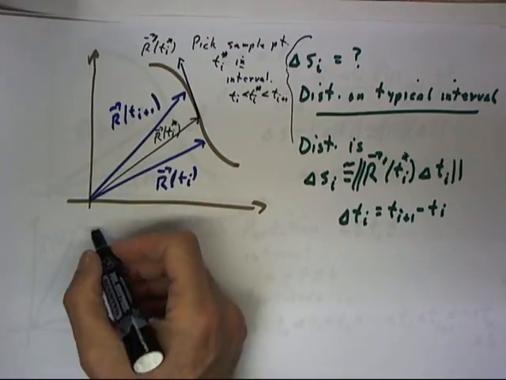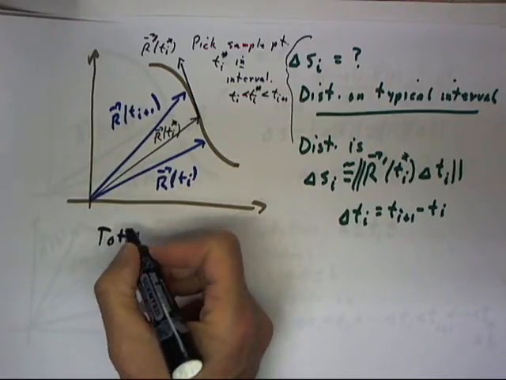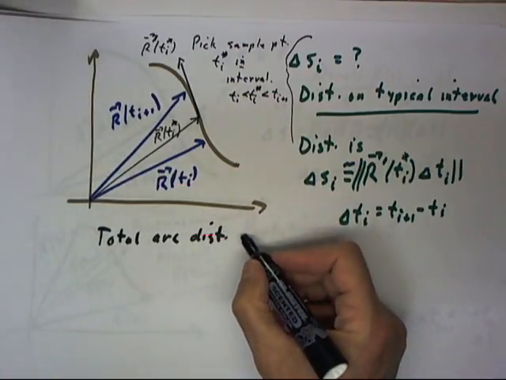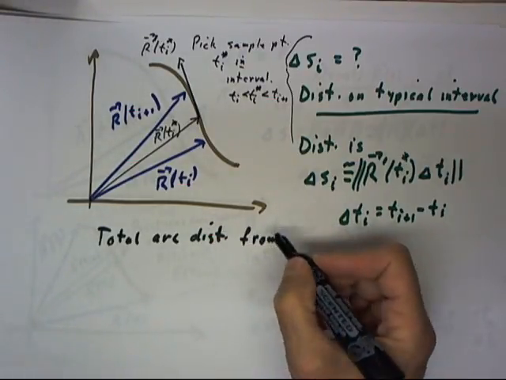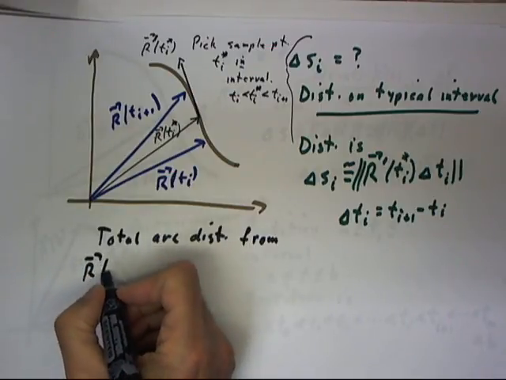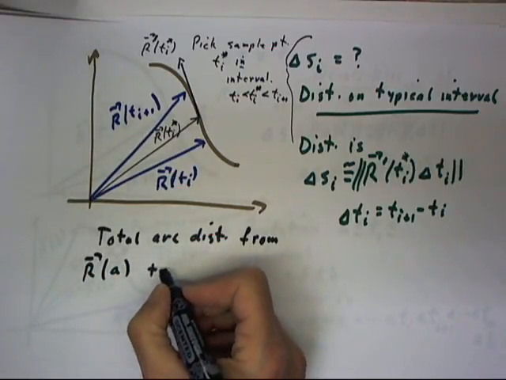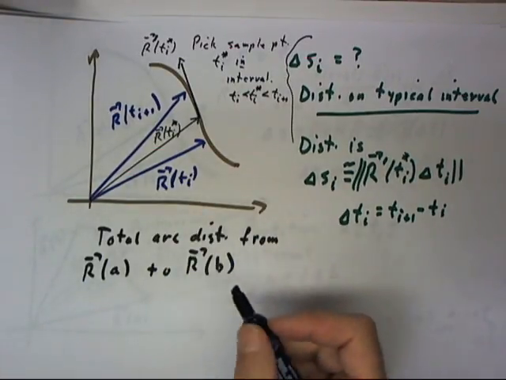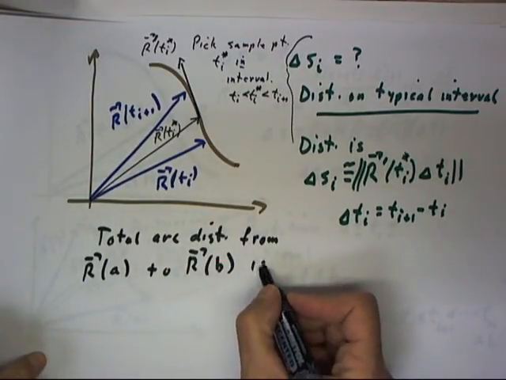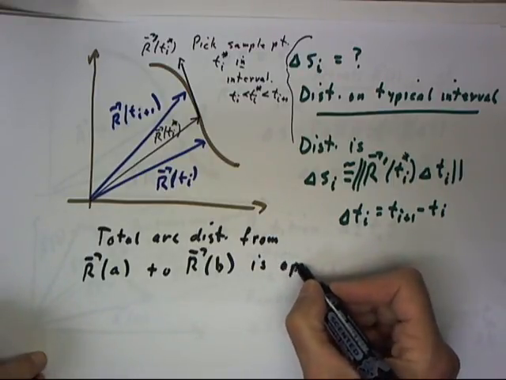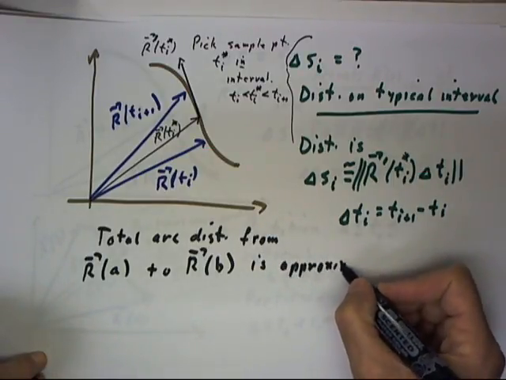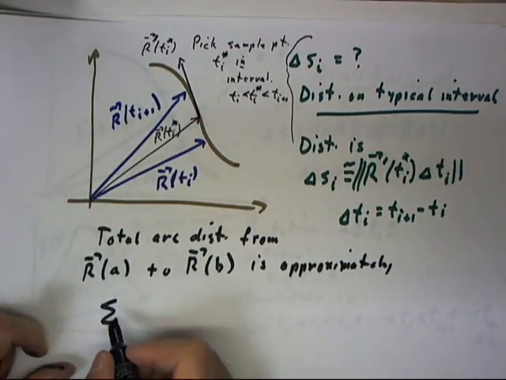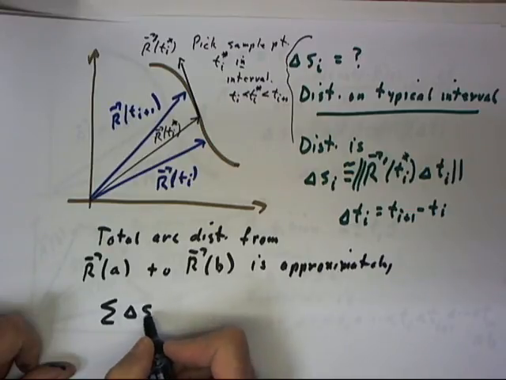So the total arc distance from the point given by r of a to the point given by r of b, if we move along the curve, is approximately what we get when we add up all the delta s sub i's.